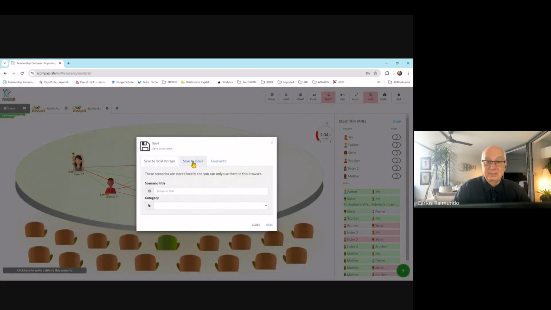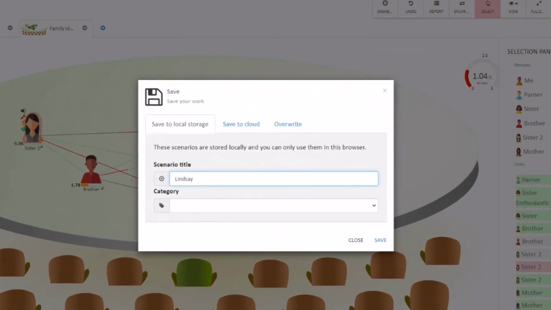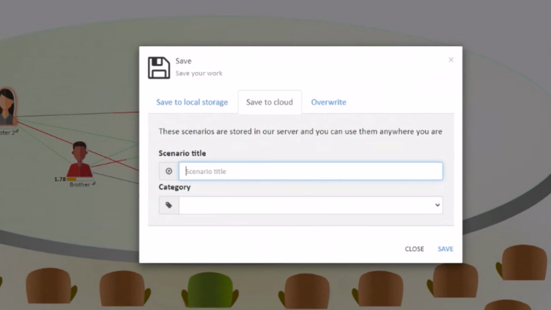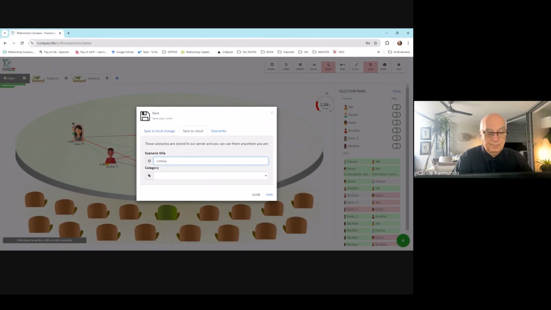I save it in the cloud, and I put here Lindsay family, the 30 08 24. The category is family, and I save it.